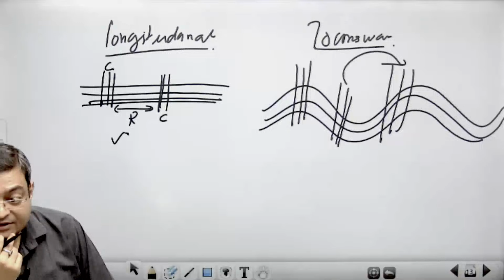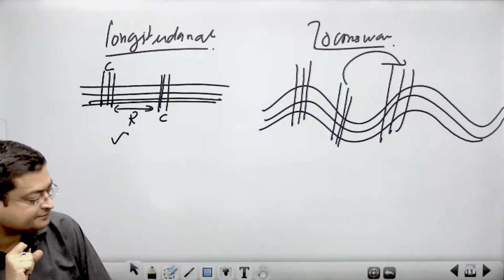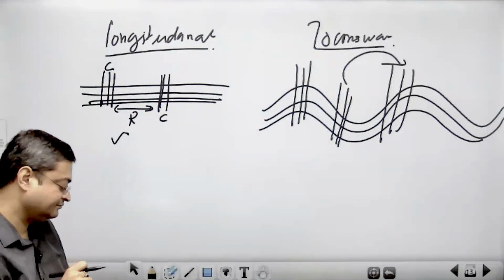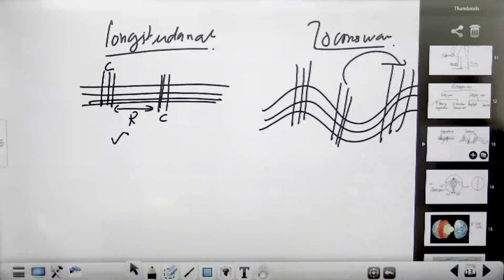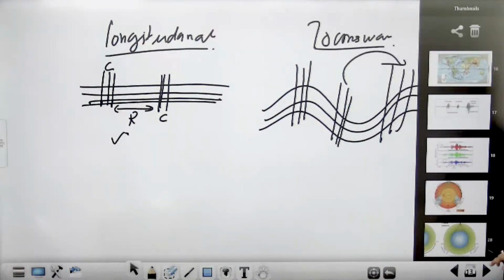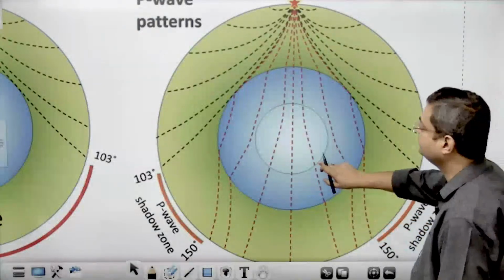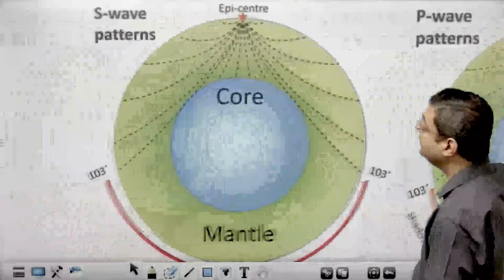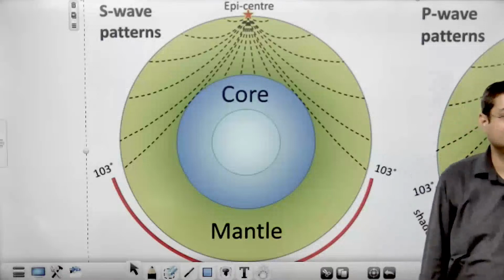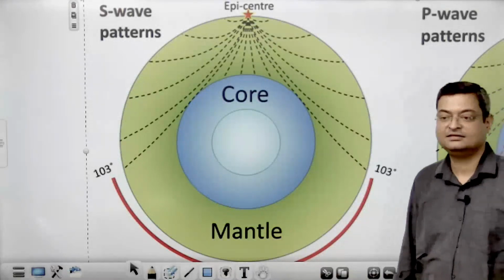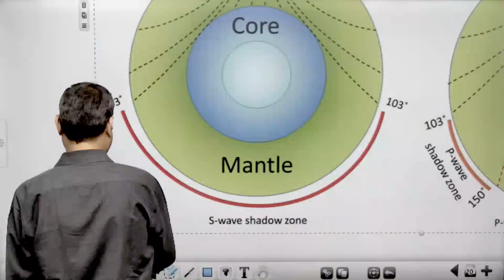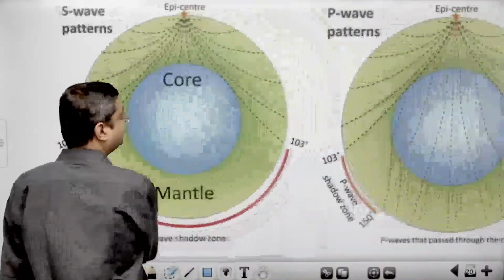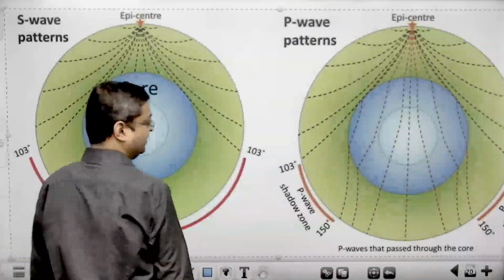They are analogous to light waves. They cannot pass through liquid. Now see, compare these two diagrams.